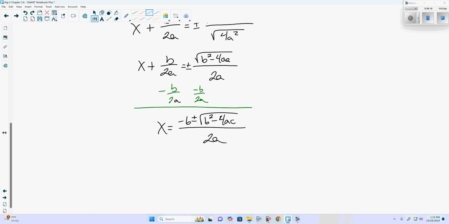And really, we can use this completing the square method to find this equation, the quadratic formula. This here is the other method for solving quadratics that works on all quadratics, no matter what our solutions are.